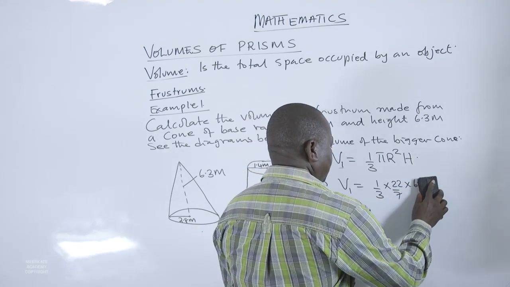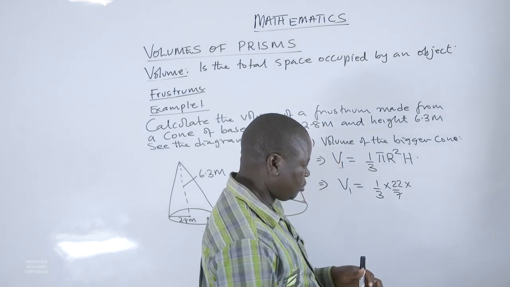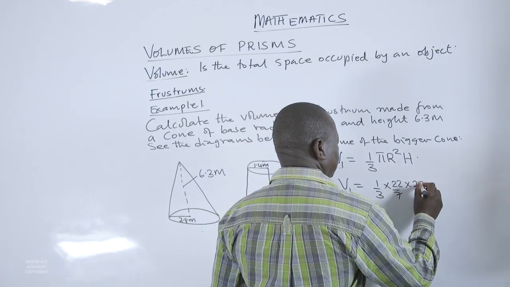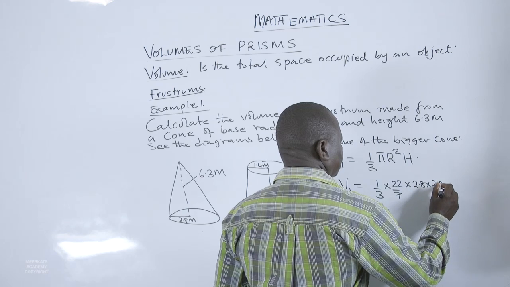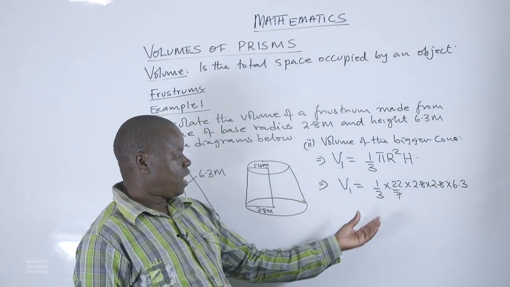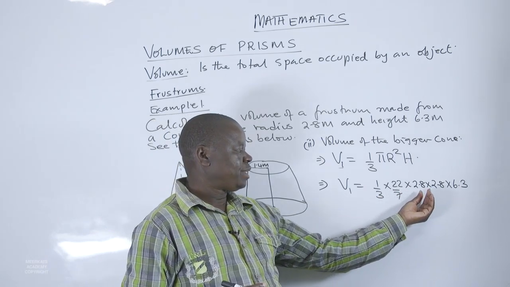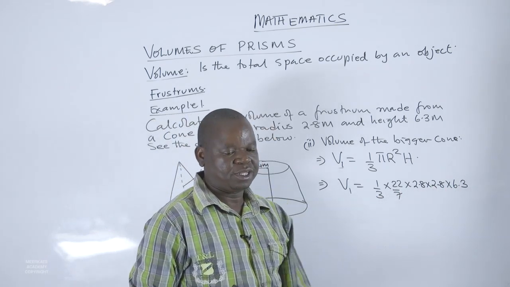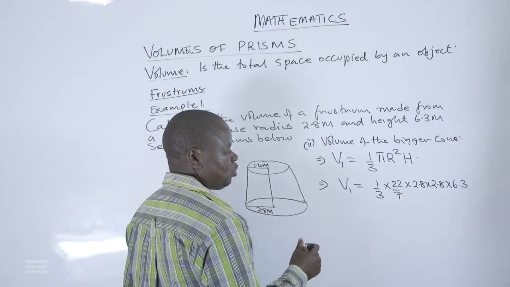A third times 22 over 7 times 2.8 times 2.8 times 6.3. Upon simplification, let's see what we obtain.